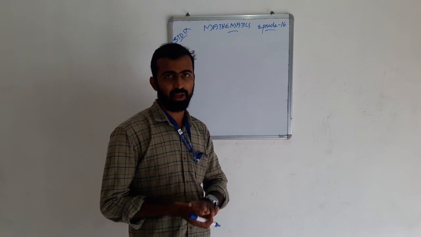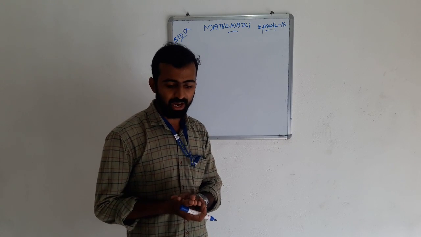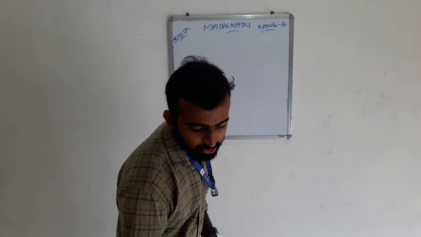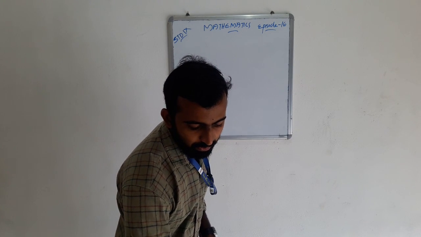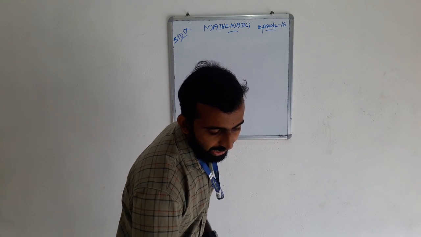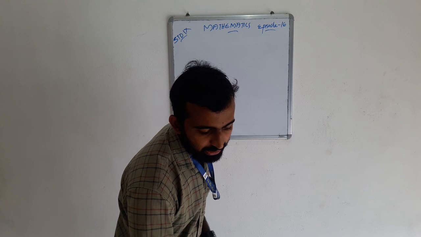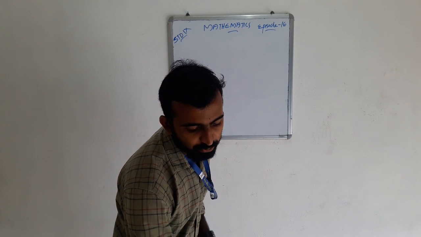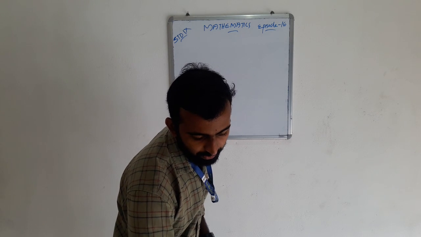We want to expand with the suitable identities. The first question is x plus 2y plus 4z the whole square.